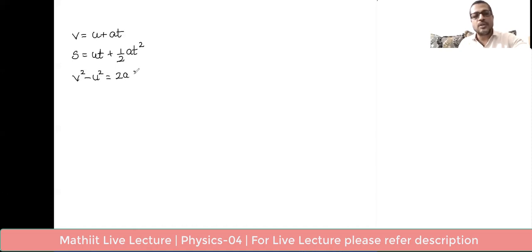Now, let us write down these equations of motion once again. v = u + at, s = ut + (1/2)at², and v² - u² = 2as. These are the three equations of motion. Write them down as it is.